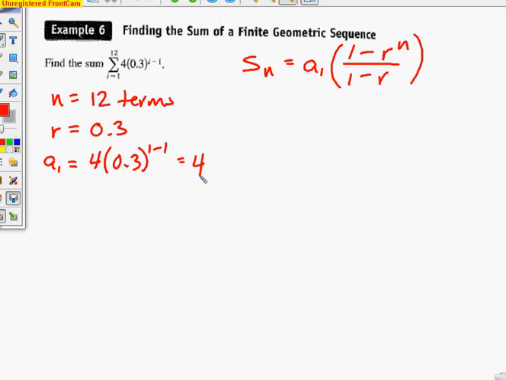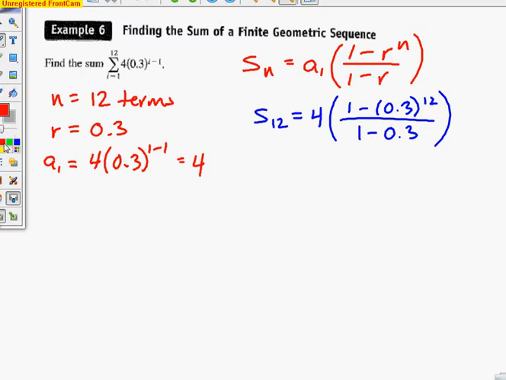So I just plug these numbers in. S sub 12, the sum of the first 12 of this finite sequence, is going to be 4 times 1 minus, now I'll put the 0.3 in its own parenthesis, to the 12, all over 1 minus 0.3.